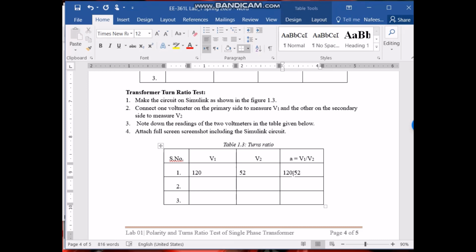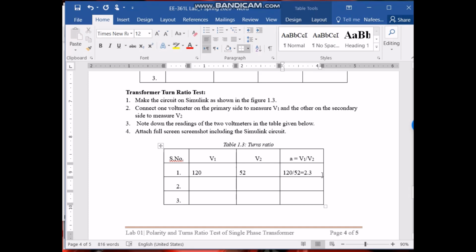Let me calculate. 120 divided by 52 is about 2.3. So that is the turn ratio of our transformer.